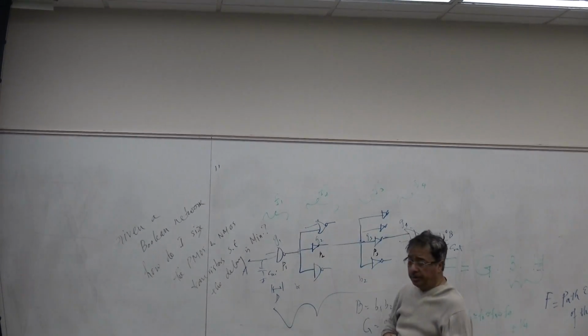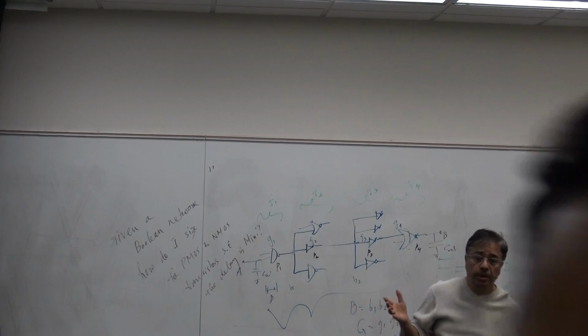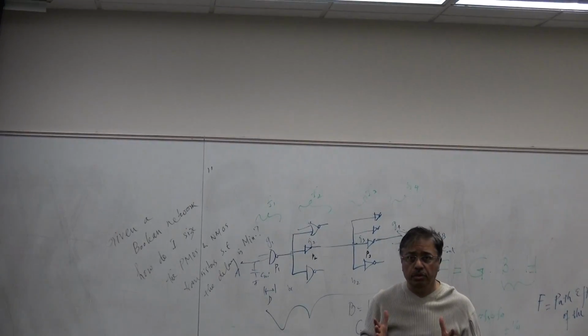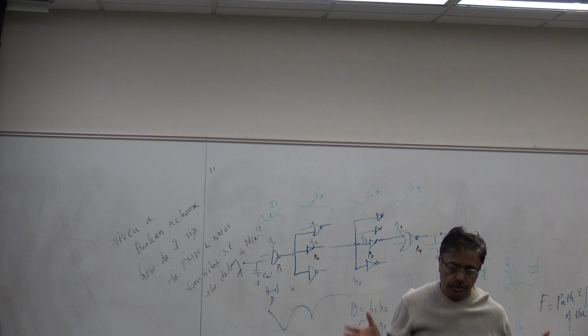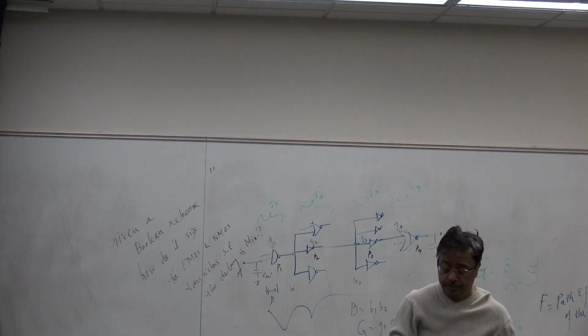So this is the task of the engineer. The goal of the engineer is to design circuits which will run fastest so that you get the best speed, best performance out of it.